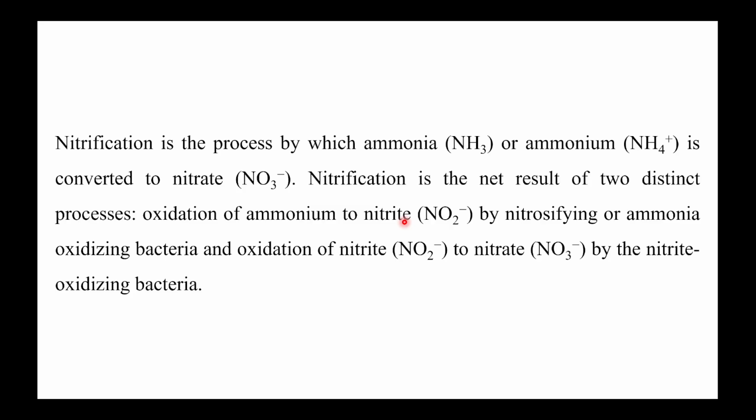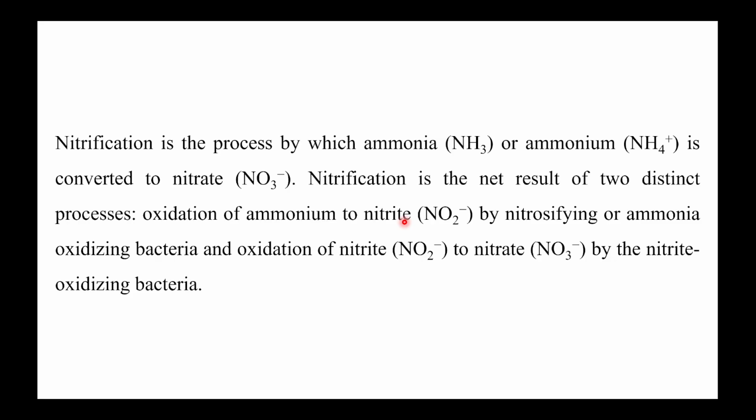We have already discussed the nitrogen cycle. At that time I explained how the ammonium is oxidized into nitrite and nitrate, and then denitrification, what is the denitrification process, what is nitrogen fixation, and what bacteria carries which process. I have already discussed that.